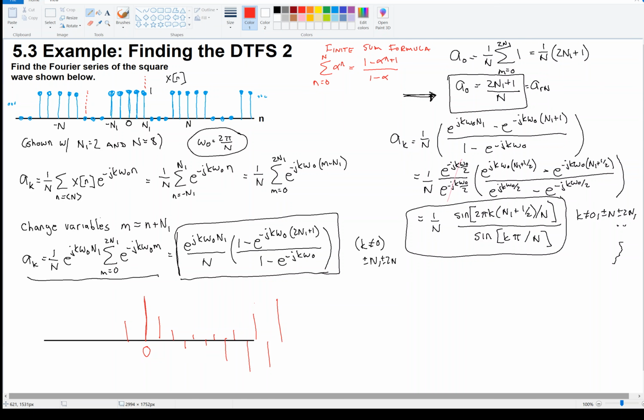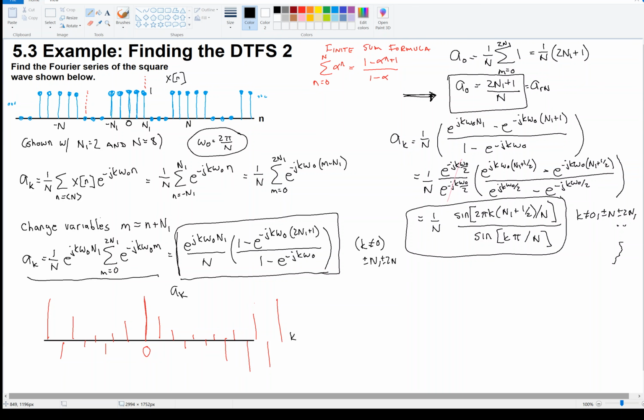Here's 0. Okay, this is just a quick sketch of it. You can use your favorite plotting software to be able to plot that. But this is what you get.